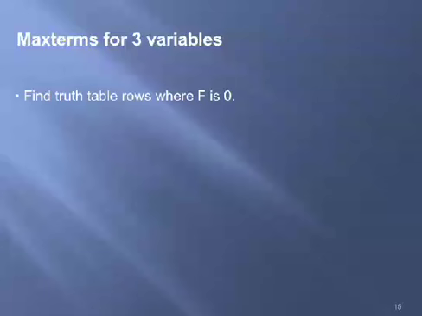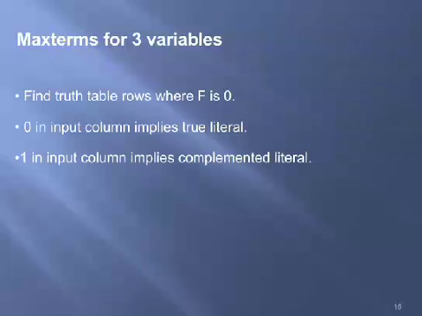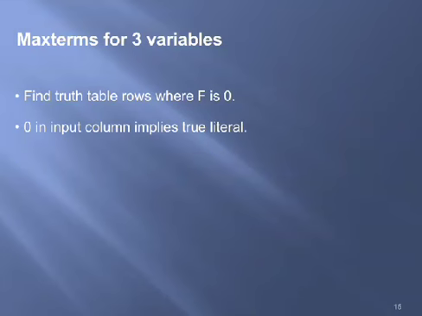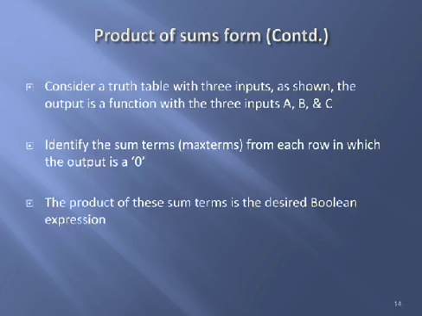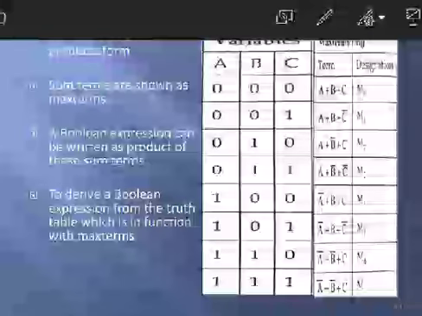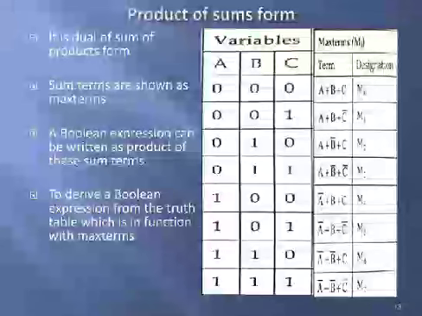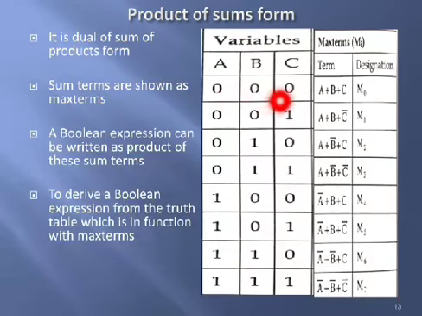Next we will see: find truth table rows where f is 0, and 0 in the input column implies a true literal and 1 in the input column implies a complemented literal. What do you mean by this? If you observe the table of three variable max terms, 0 in the input column implies a true literal and 1 in the input column implies its complemented literal, which is opposite to the procedure that we adopted for sum of products.